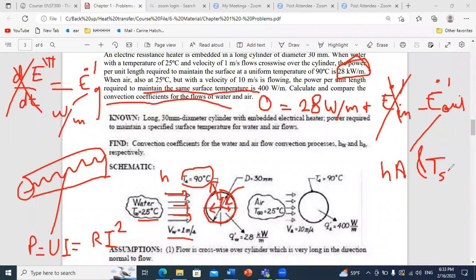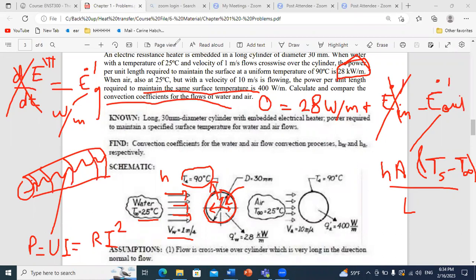Now let us see together what is A. What is the area through which we have convection? It's the lateral area of the cylinder, because the cylinder is exchanging heat by convection through this lateral area.